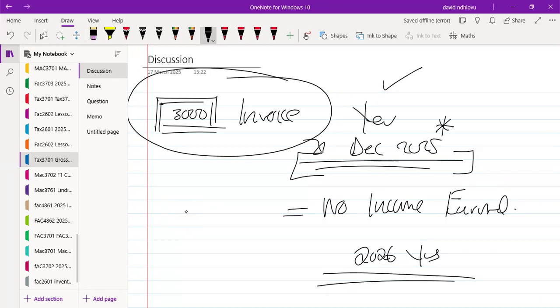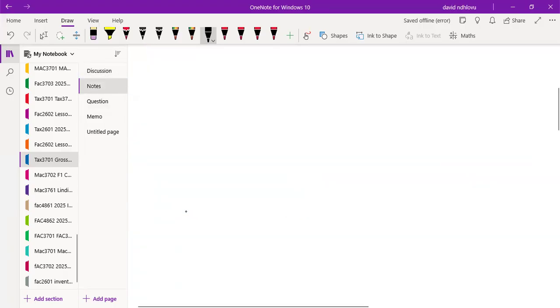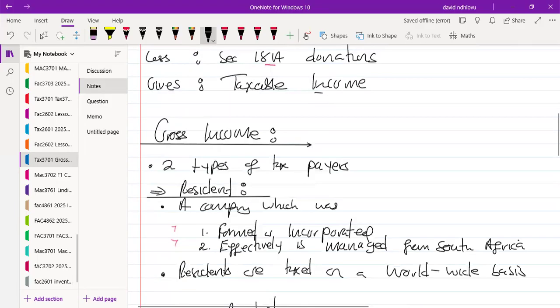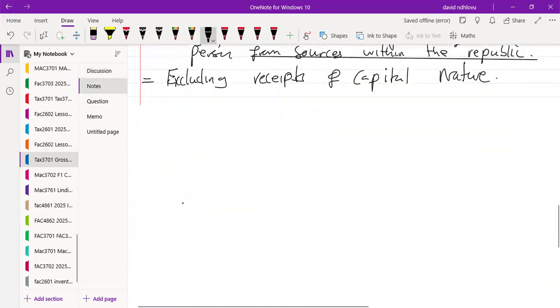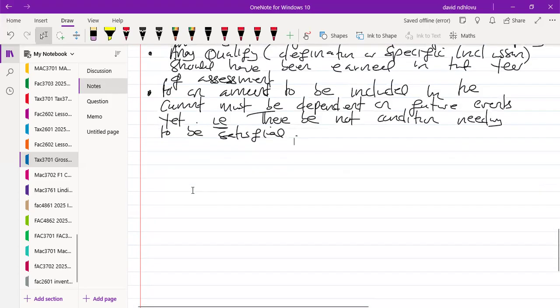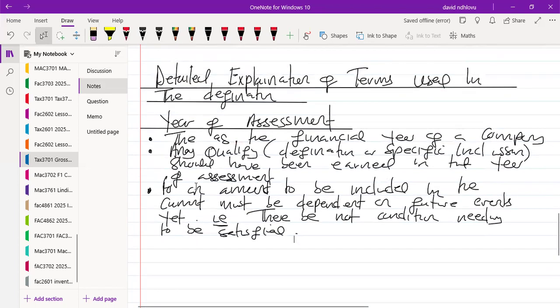So as long as we have got a certain amount of potential income, however, there is a condition that must be satisfied before I realize that amount as the person who is supposed to earn it, it doesn't belong in the current period. It belongs in the period in which that particular uncertainty, that condition has been cleared. Are we clear about that, good people? Are we on the same page? This is what we mean by year of assessment.